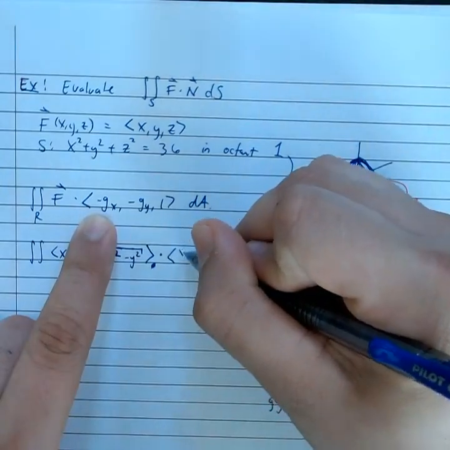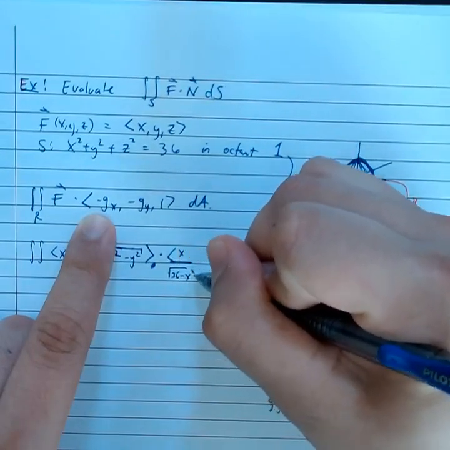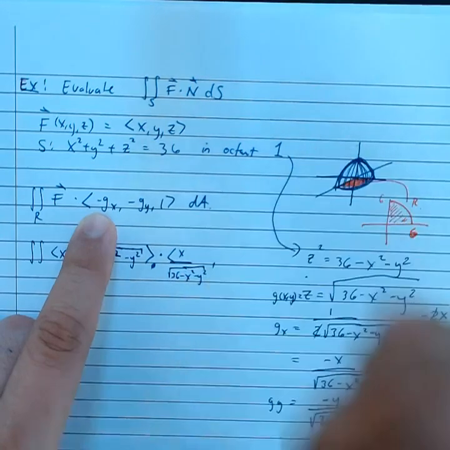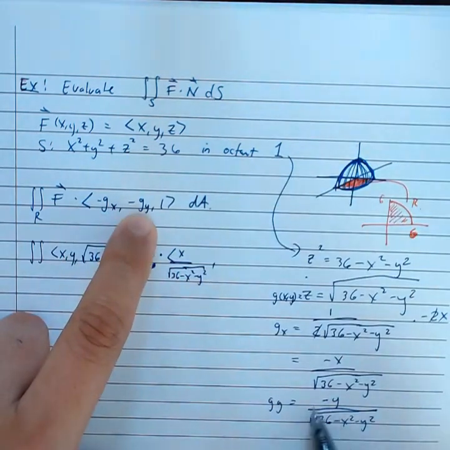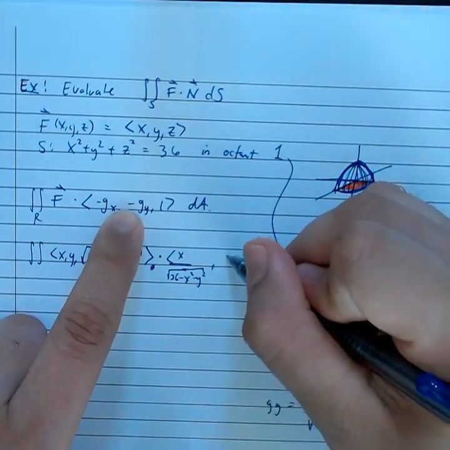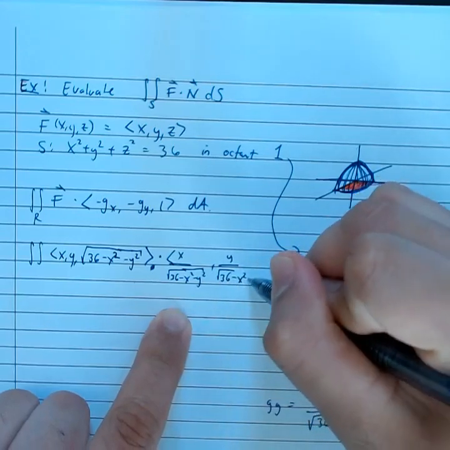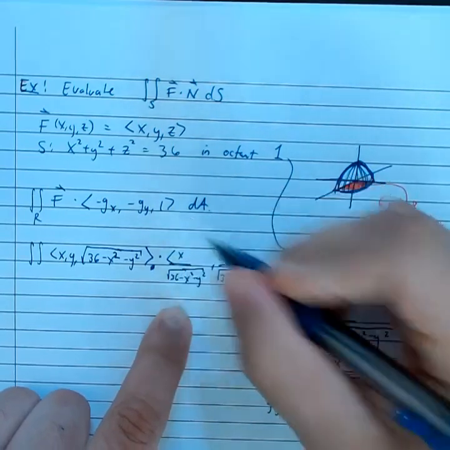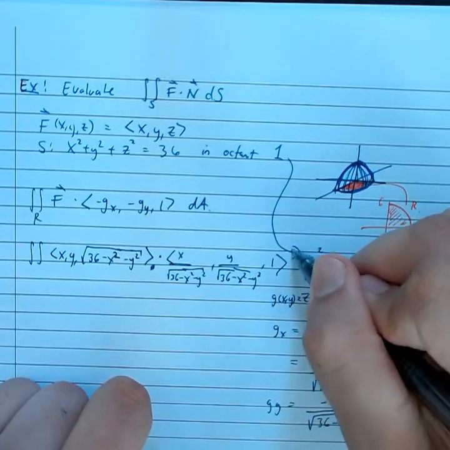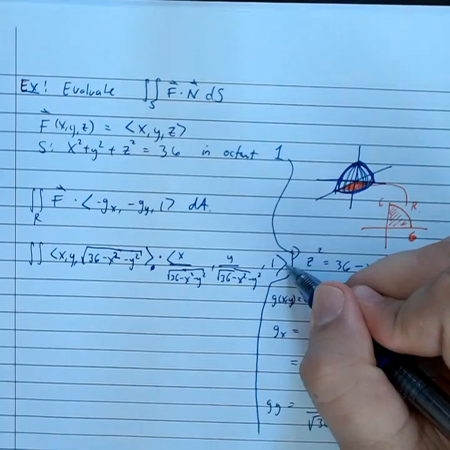So that's going to be x over square root of 36 minus x squared minus y squared, comma, same thing here, that's the positive one, but I want the negative of that, so negative of a negative makes that a positive. Y over square root of 36 minus x squared minus y squared, comma, and that last one's always the number 1. Okay, just like that. And then dA.